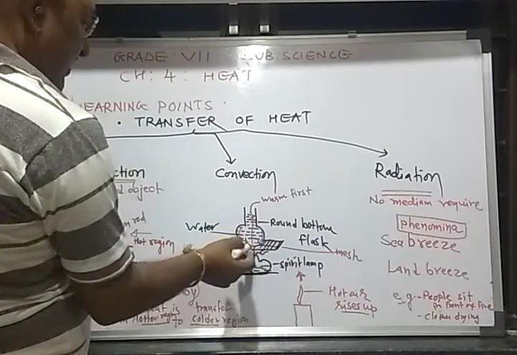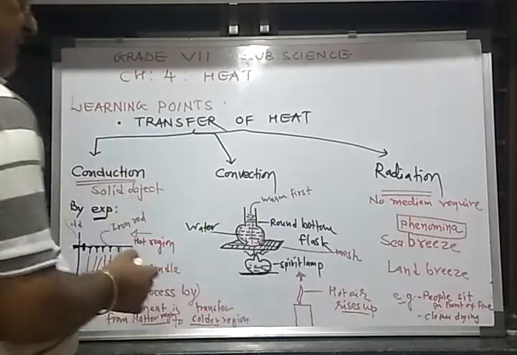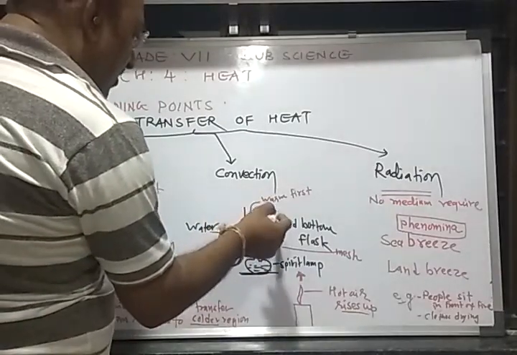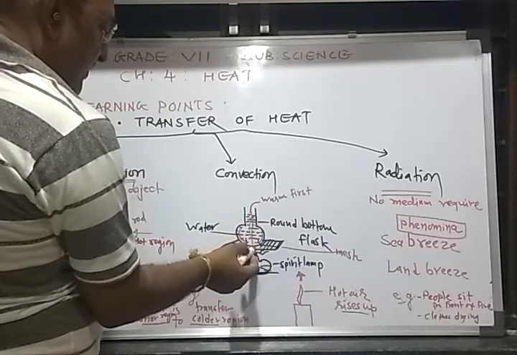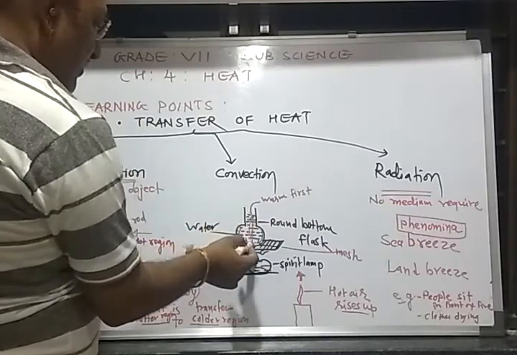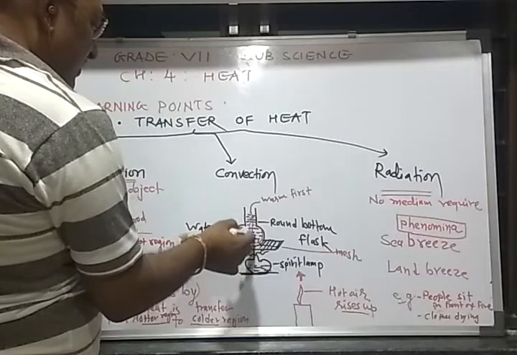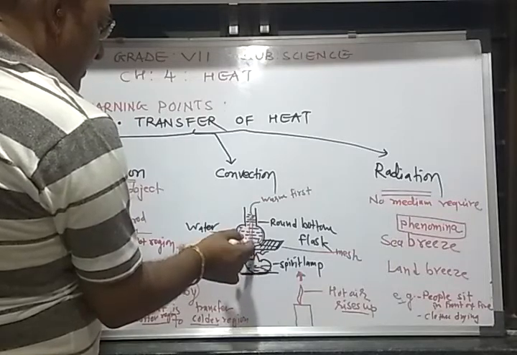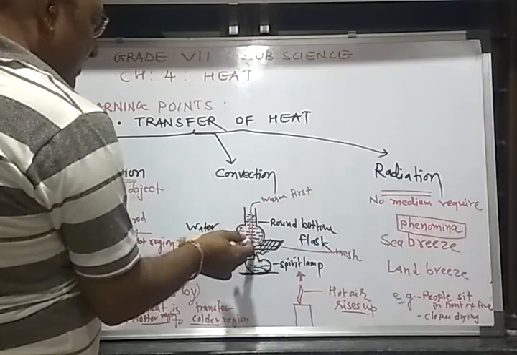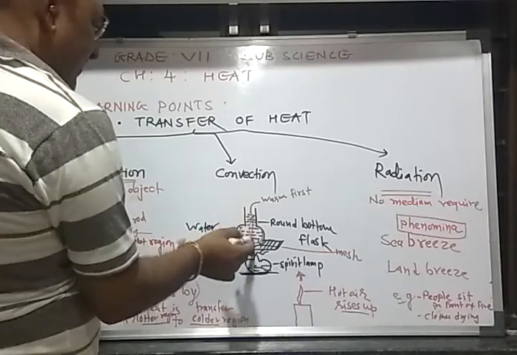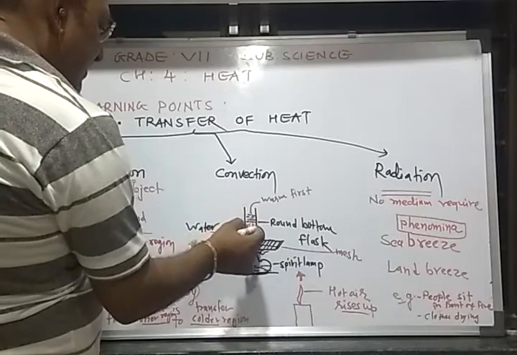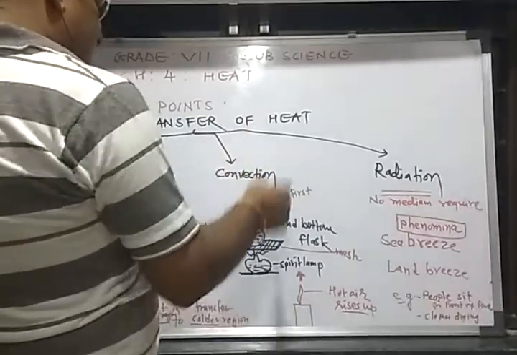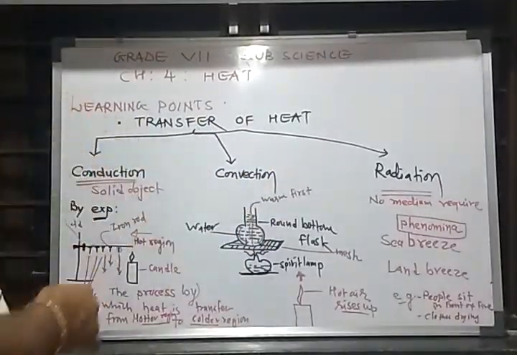Over here again it is heated and goes up. In this way the water becomes hot from down to top, because the heat source is at the bottom. Then the surrounding water comes here and the process repeats.